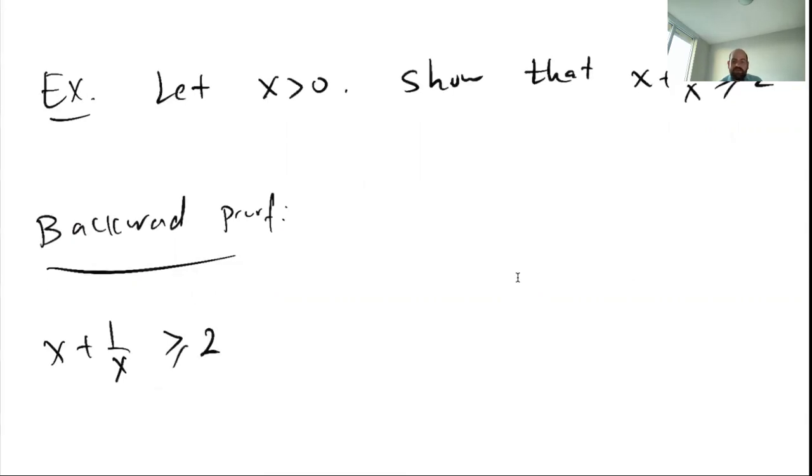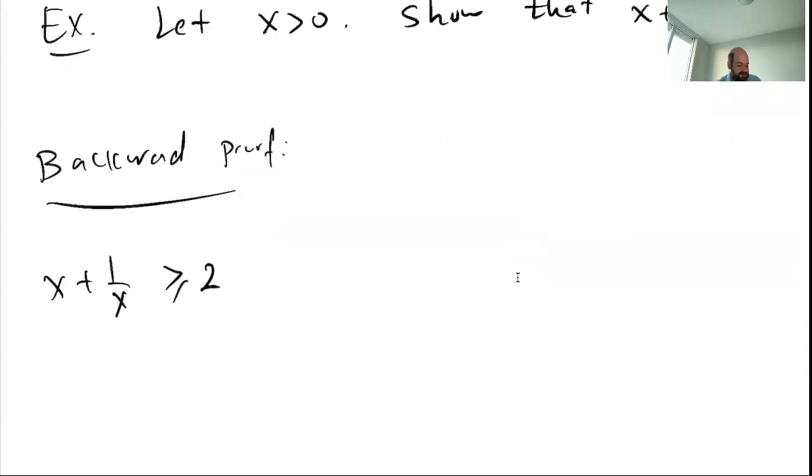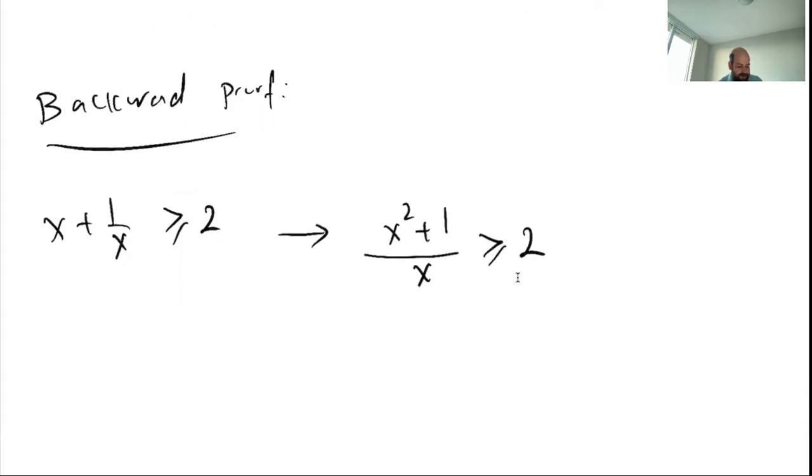Then I want to simplify this using the properties of inequalities. How can I simplify this? Well, first of all, I can get a common denominator. So that means x squared plus 1 over x, right? The common denominator is x, bigger than or equal to 2. Then I can multiply both sides by x because x is positive by assumption, right?